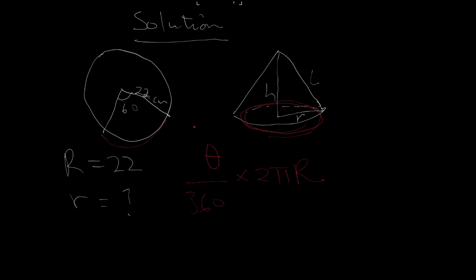So this should be equal to the circumference of the cone, which is 2 pi r, small r.